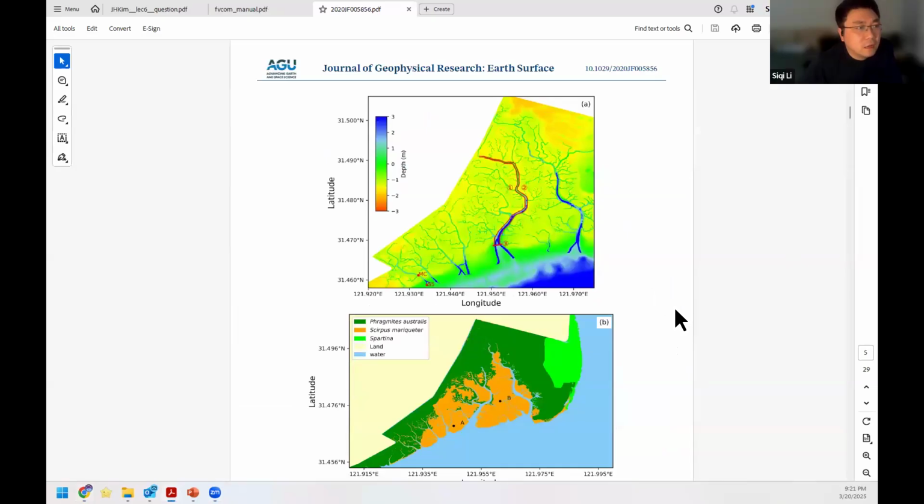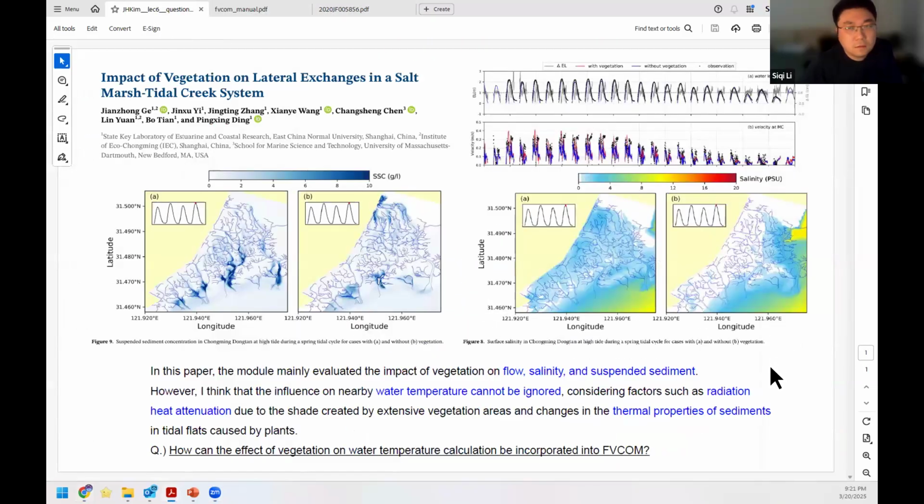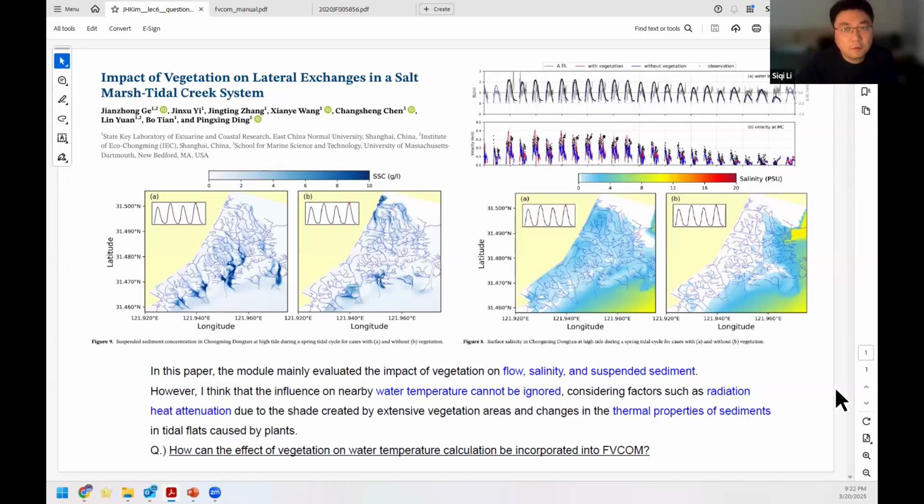I received another question. I'm not sure about this one. No, this is not this one. This one we talked about for the vegetation module. May I know who raised this question?